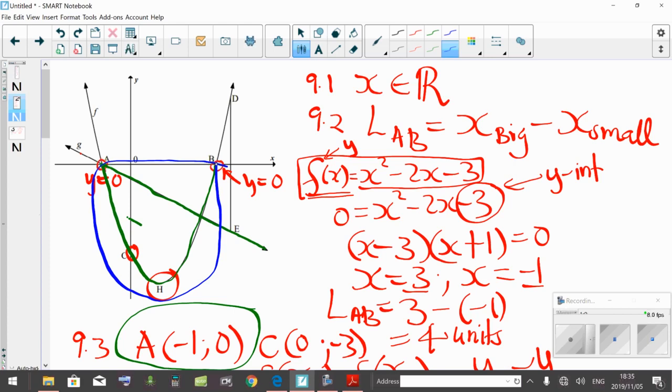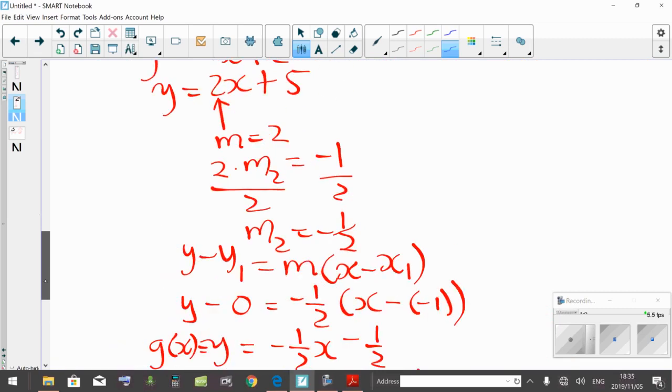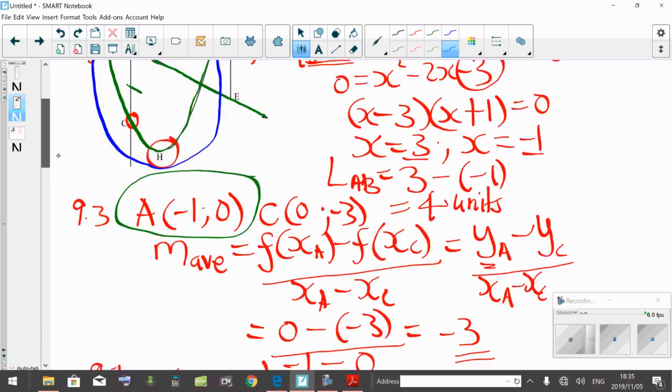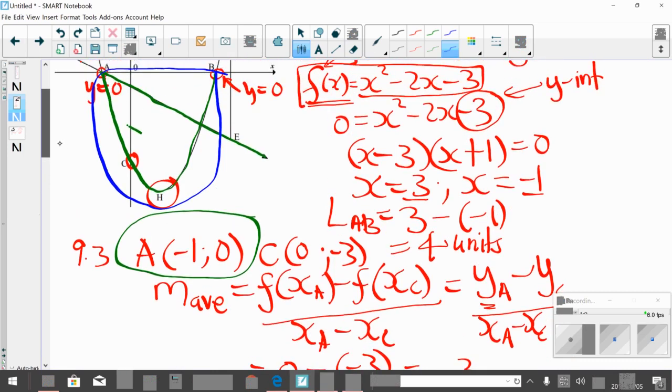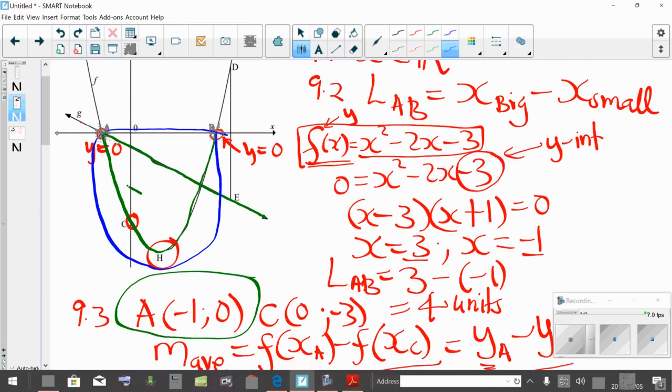In other words, starting from A and ending at B. And we have the coordinates of both A and B. For A we got -1, and for B, remember here we got 3. This must be B. So I would say from -1 to 3.